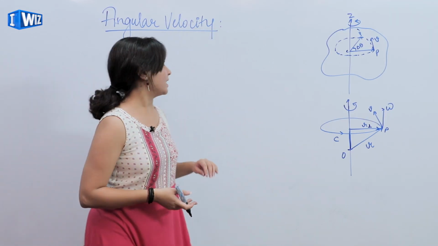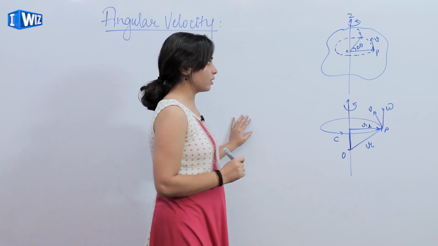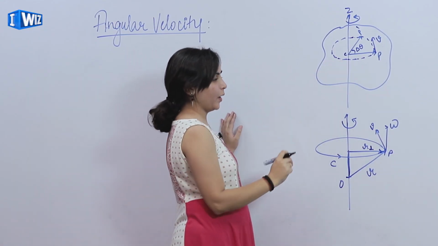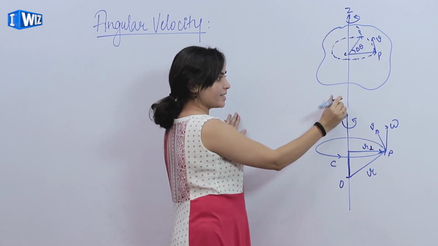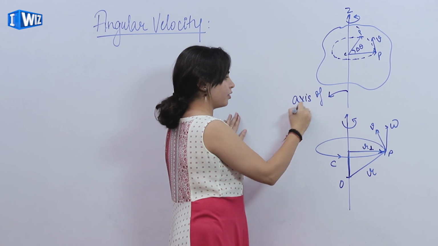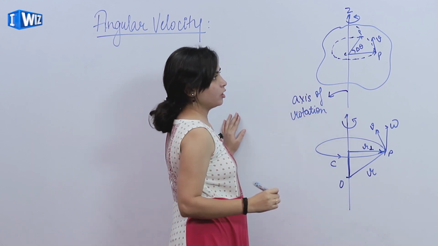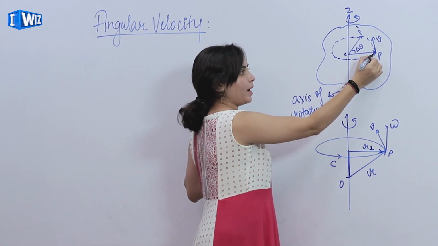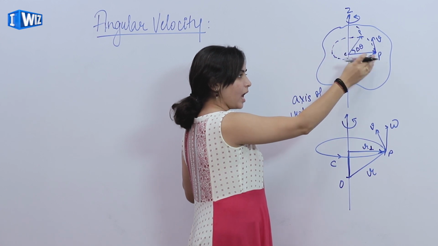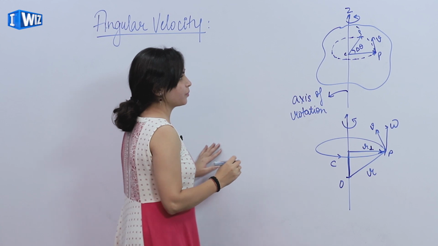Now we'll discuss angular velocity. We have already studied about angular velocity. Again we'll see from this diagram, this is my fixed axis which is called axis of rotation. So at time t, my particle is at point P and after some time, the particle is at P dash.